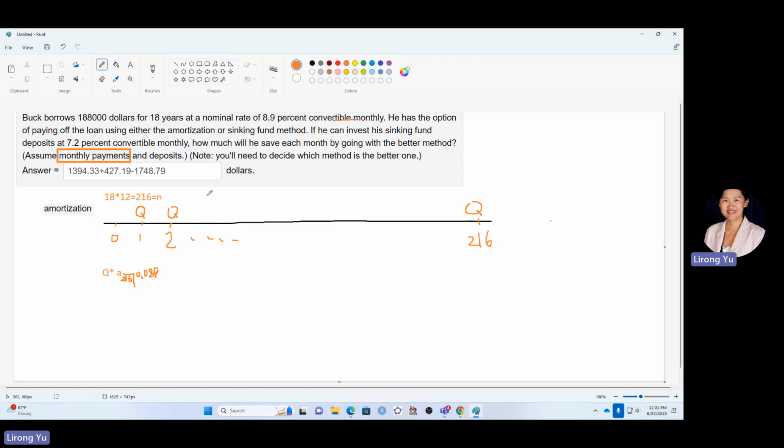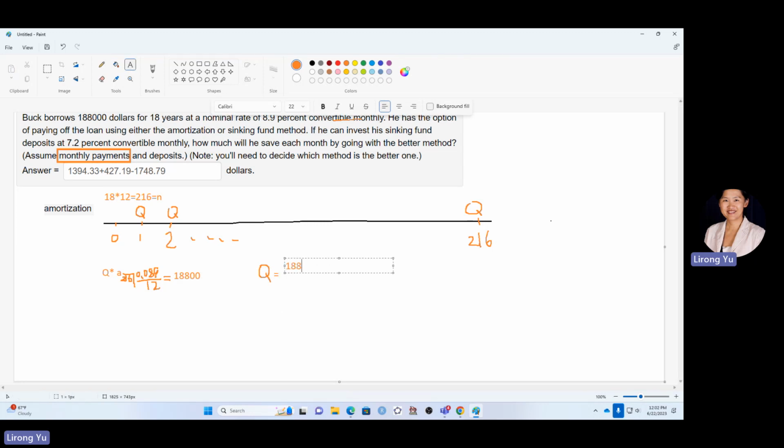It's convertible monthly, so the interest is divided by 12, making a monthly interest because we are making a monthly payment. This is supposed to equal the total loan amount, and the loan amount is 18800.